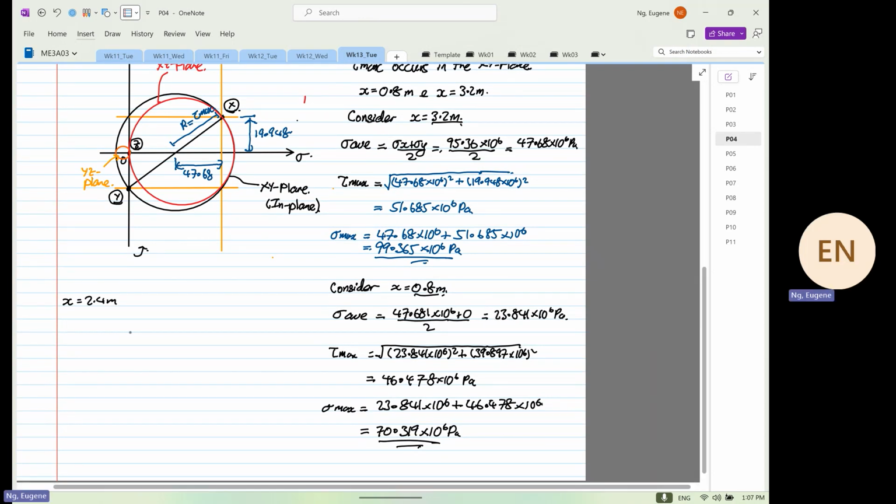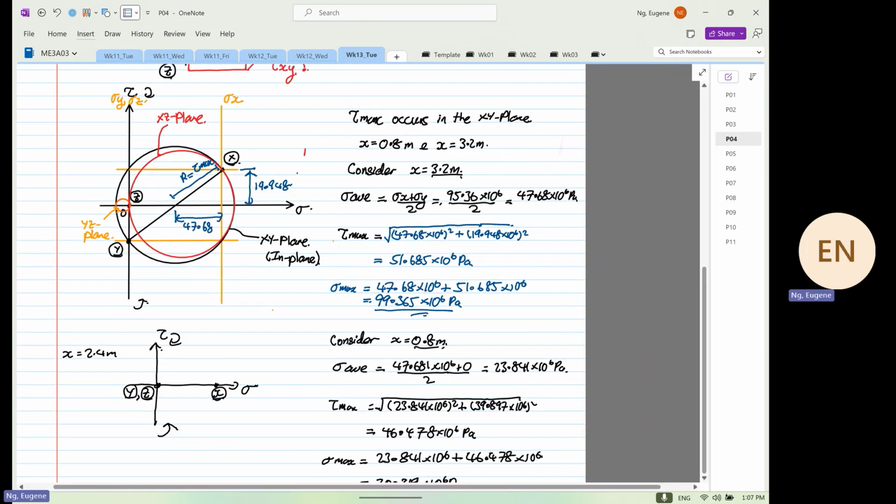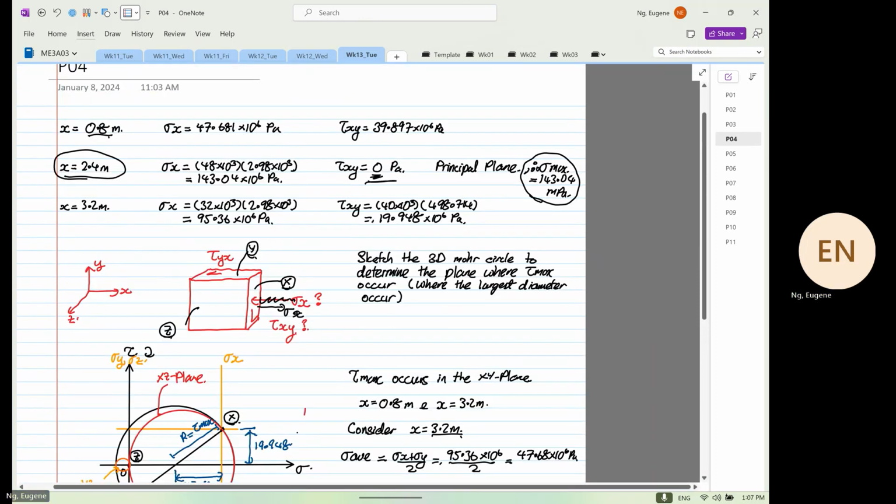When x is equal to 2.4, the Mohr's circle, because we have no shear, yes or no? So this is our normal stress. This is our shearing stress element, rotate clockwise, anti-clockwise. Over here, this is our point Y and our point Z, and over here is our point X, because we have zero shear stress.